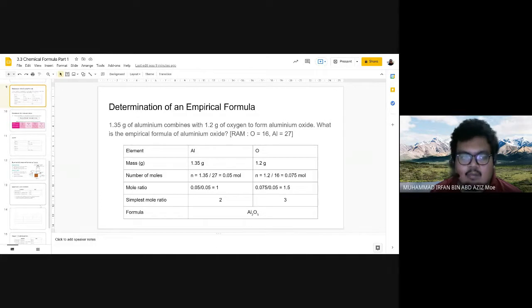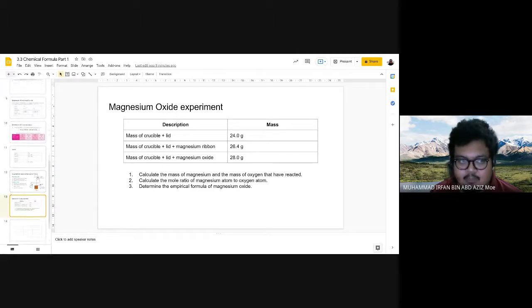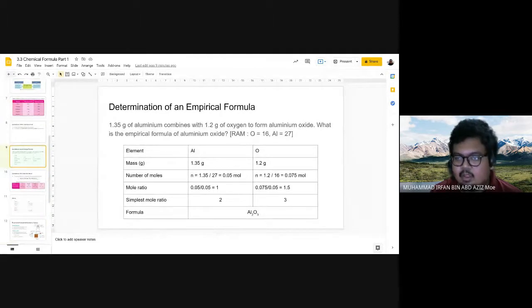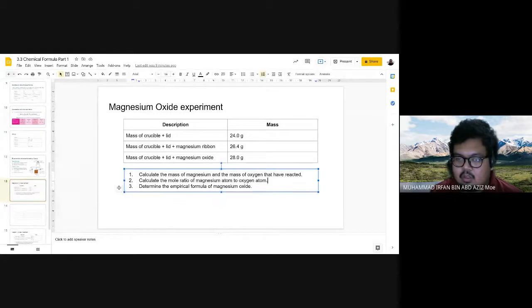And then for oxygen pula, how do we know the mass of oxygen? Take magnesium oxide ni, mass yang last kali minus dengan mass yang plus magnesium ni, you will get 1.6 gram. And then find lah the number of moles. Cikgu lupa nak bagi dia punya RAM.